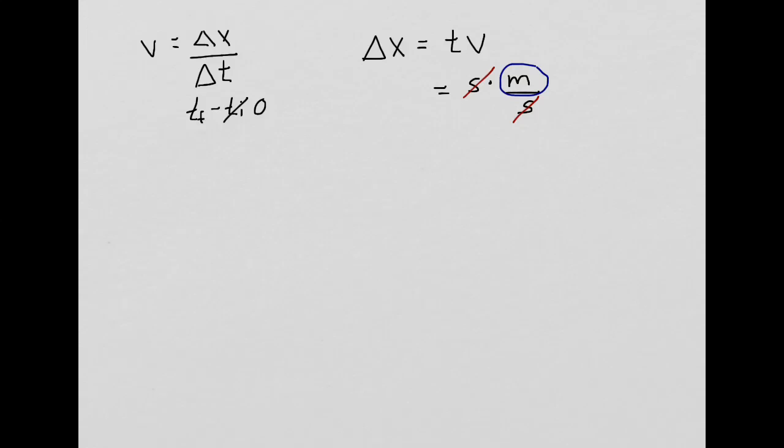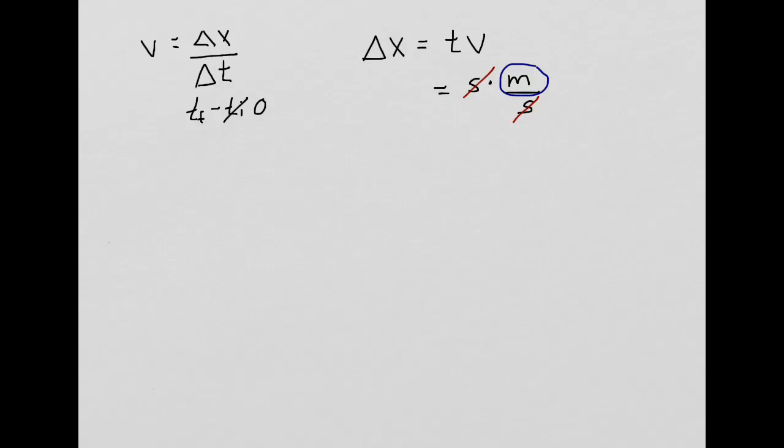Now let's look at this graphically. So if I tell you that I'm traveling at 50 miles per hour for an hour, it's pretty intuitive that after an hour I will have gone 50 miles, and after 2 hours I will have traveled 100 miles.